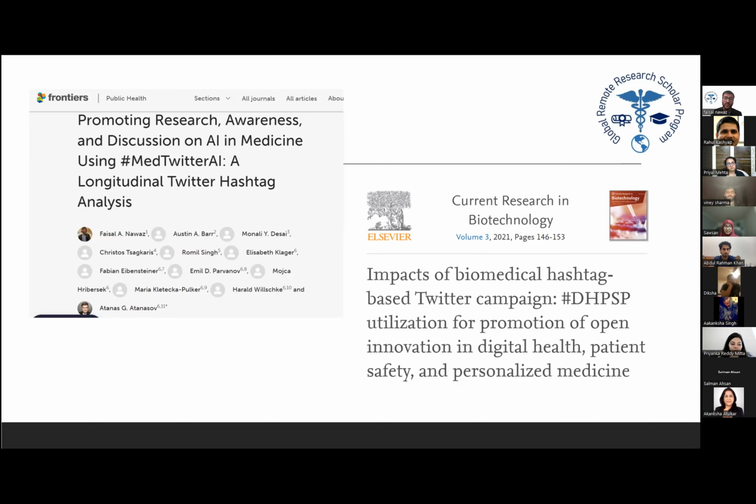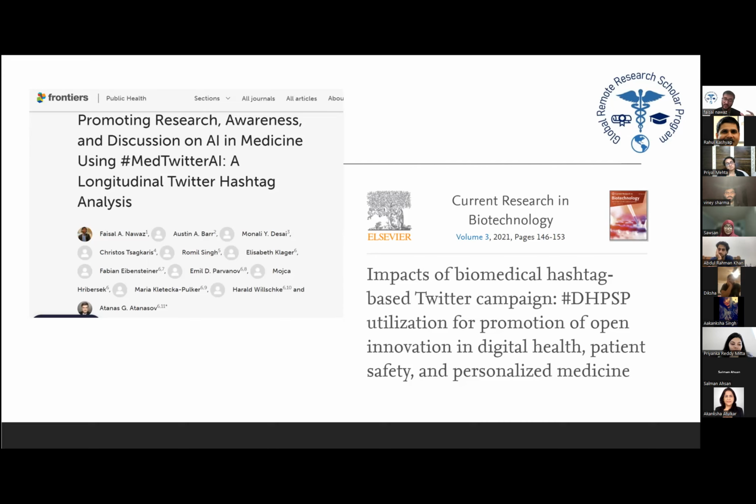If you're familiar with Twitter, you would understand that certain researchers and communities use certain hashtags when they talk about a certain topic. It could be about critical care or cardiology or artificial intelligence in medicine. And once you have a certain hashtag, this hashtag is like a footprint. It leaves behind a trail of tweets and content, which can become data which you can analyze.